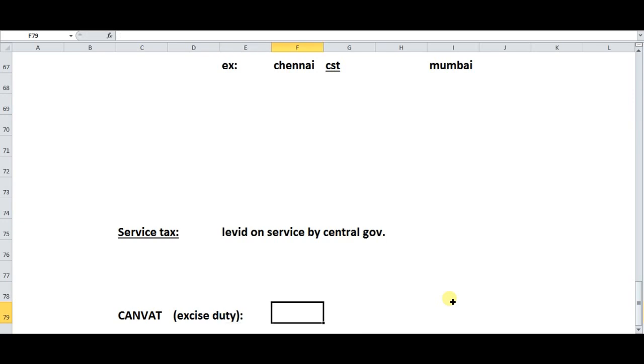Excise duty is a type of tax charged on produced goods within the country. For example, if you are a producer or manufacturer of goods, or you hire labor to manufacture goods, then you are liable to pay the excise duty to the central government.